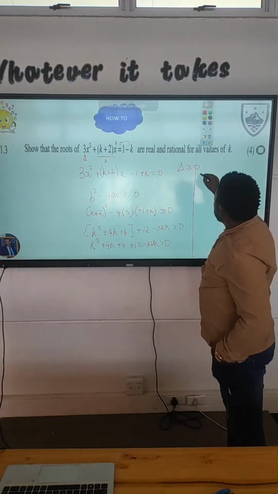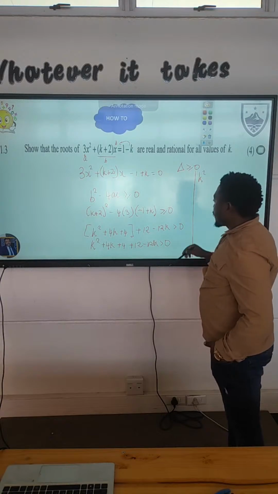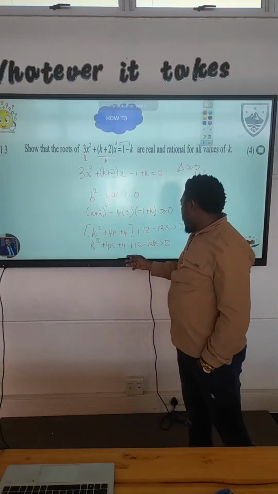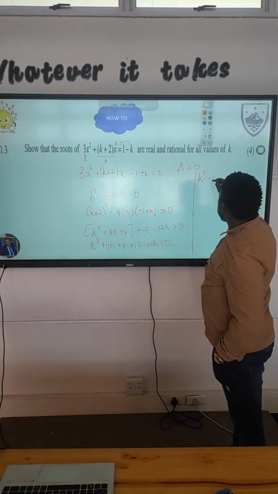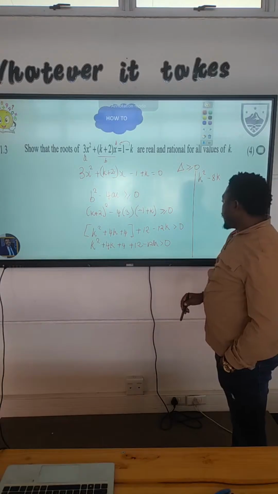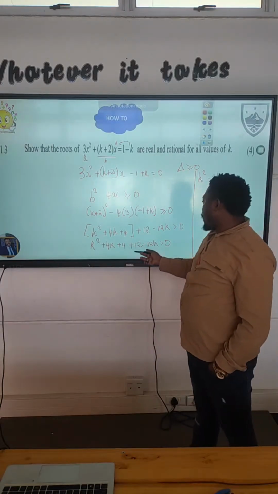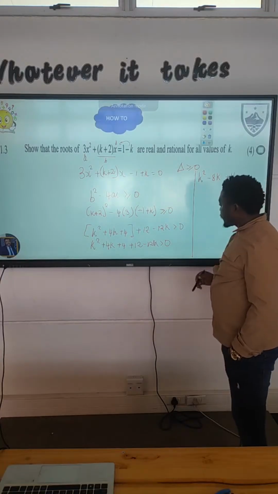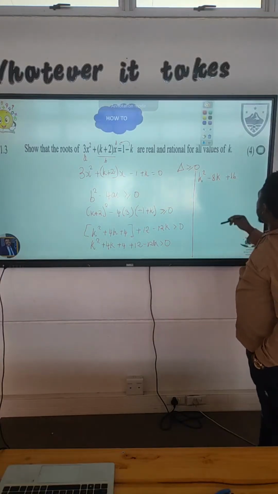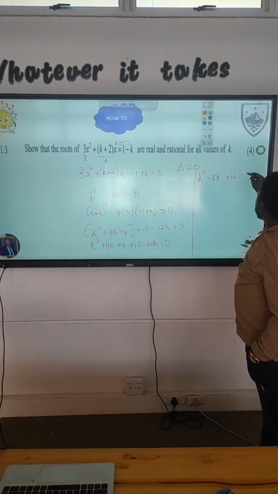We have k squared, and then 4k minus 12k will be negative 8k, and then 4 plus 12 will give us 16, must be greater than or equal to 0.